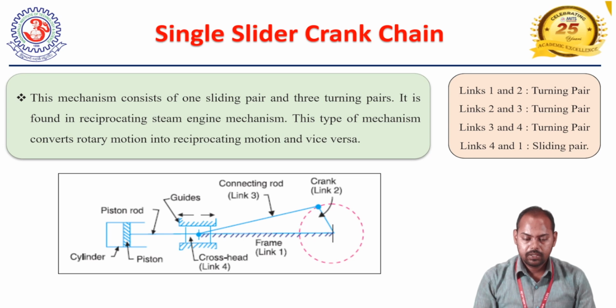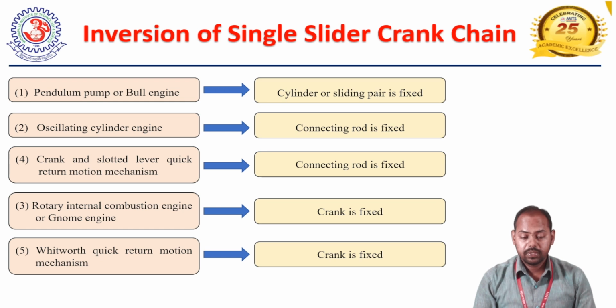So in this single slider crank chain, how are the links associated? Link 1 and 2 make a turning pair, link 2 and 3 make a turning pair, link 3 and 4 also make a turning pair, while link 4 and 1 make the sliding pair. Now, what are the inversions of the single slider crank chain? We get different types of mechanisms from the single slider crank chain by fixing the links in turn.